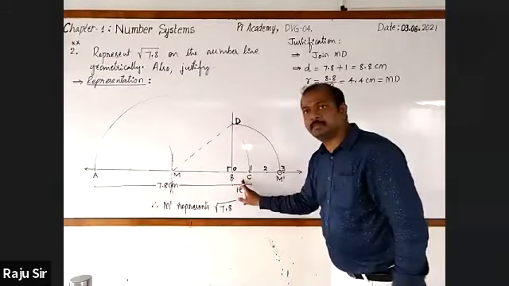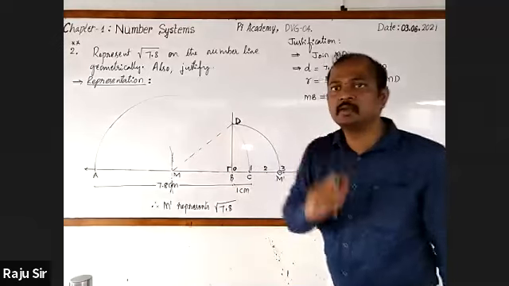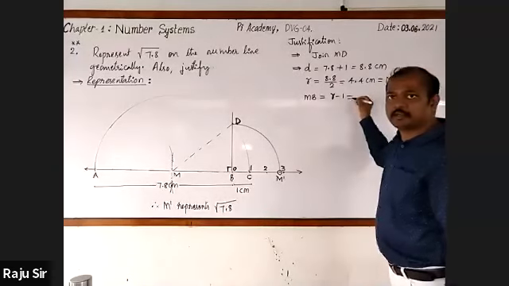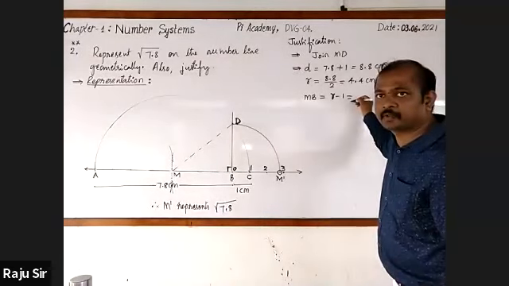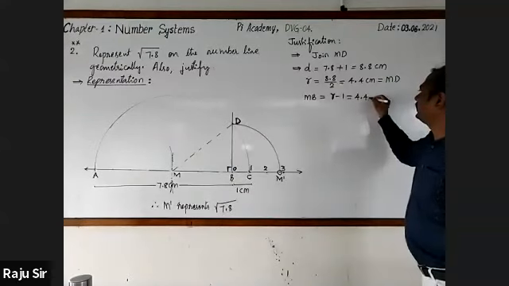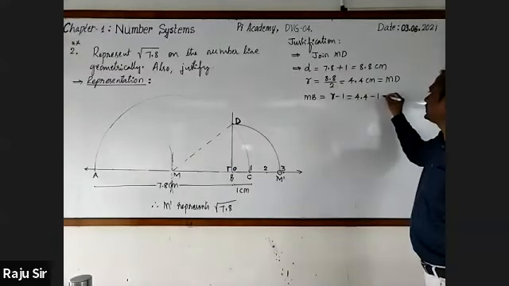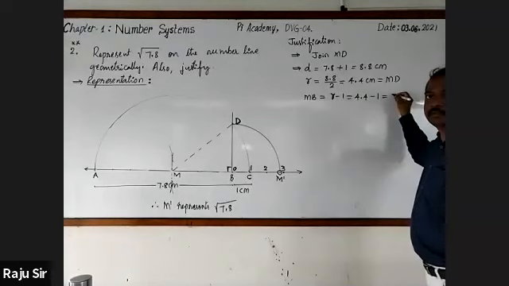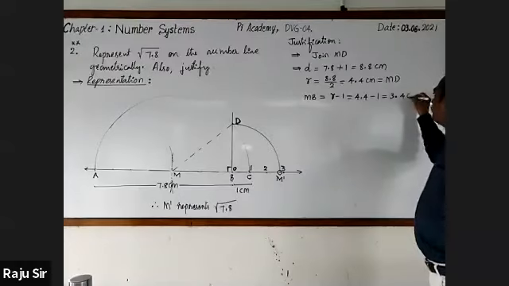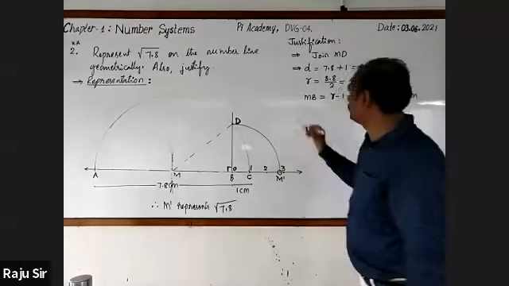Radius minus BC, where radius minus BC is nothing but radius minus 1 centimeter. For your reference, I am writing R minus 1. What is R? 4.4. Then minus 1. How much is it? 3.4 centimeter. Good.